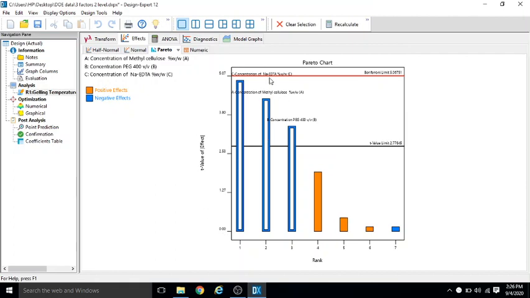This T value of effect is maximum in case of percentage concentration of sodium EDTA. So this is the most significant factor, right? And then you have the concentration of methyl cellulose, that is the second most significant, and the least significant factor is the concentration of polyethylene glycol.